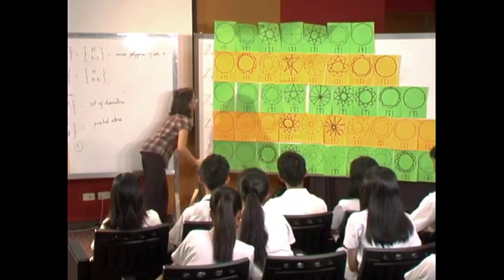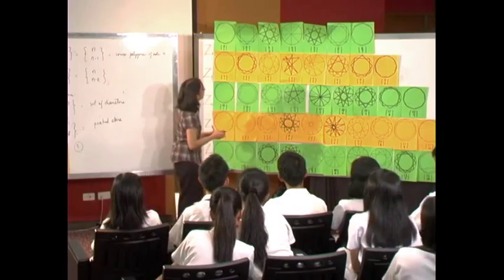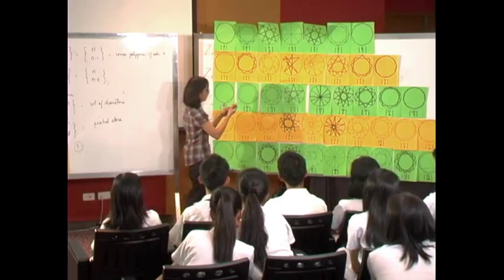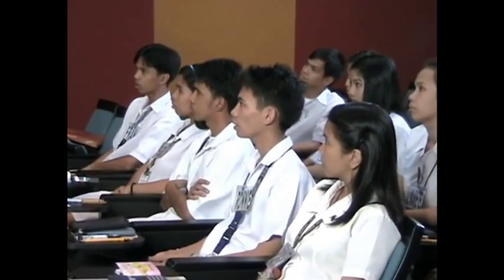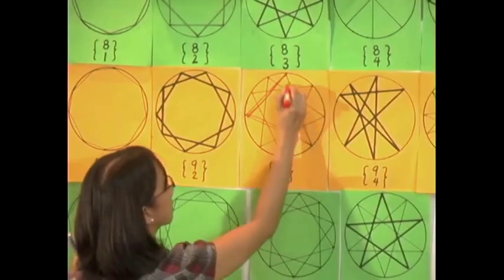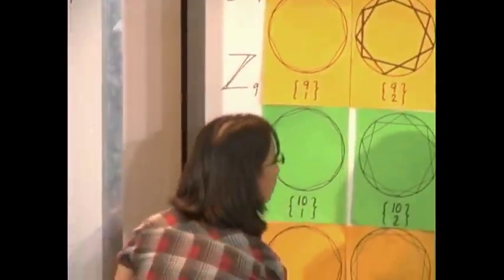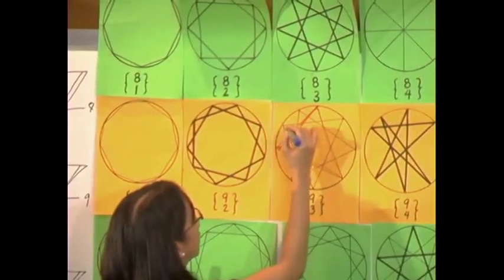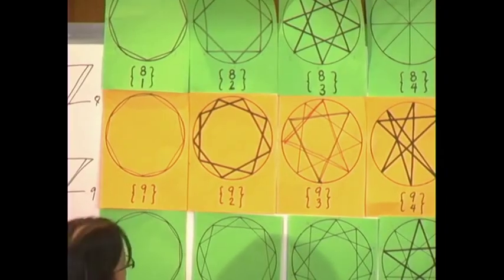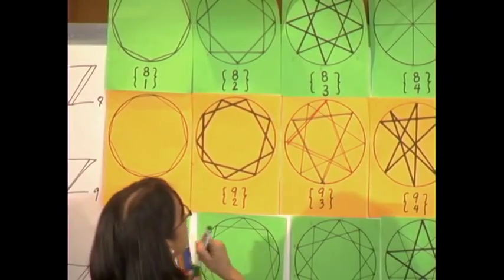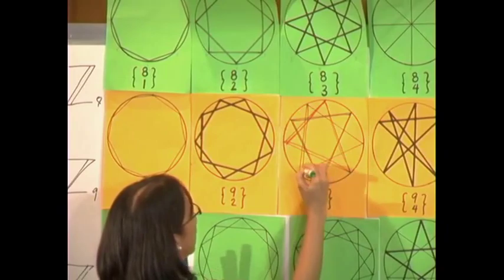Let me highlight it first. So when we did 9-3, we were able to form this. That would be 1. This would be another 1. And this would be another 1.